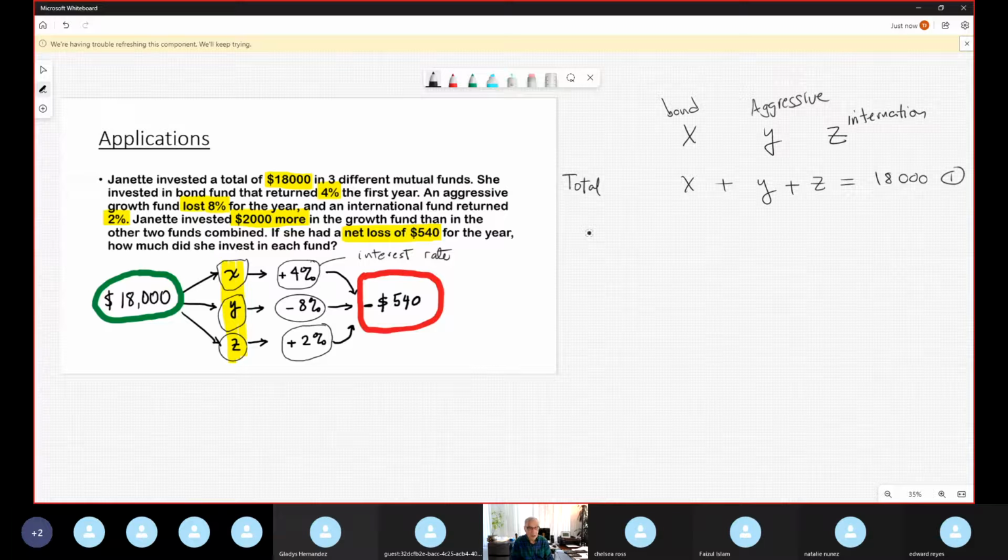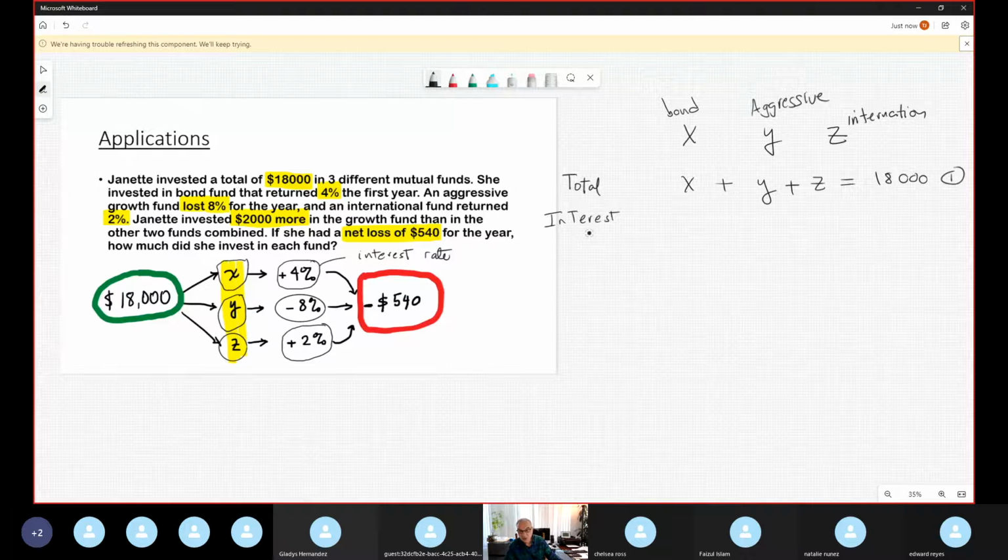Okay, cool. And now, the second equation is the interest, which is basically multiplication, the percentage, or the percentage in decimal if you want, so you feel more comfortable at the beginning. After that we use the algebra.